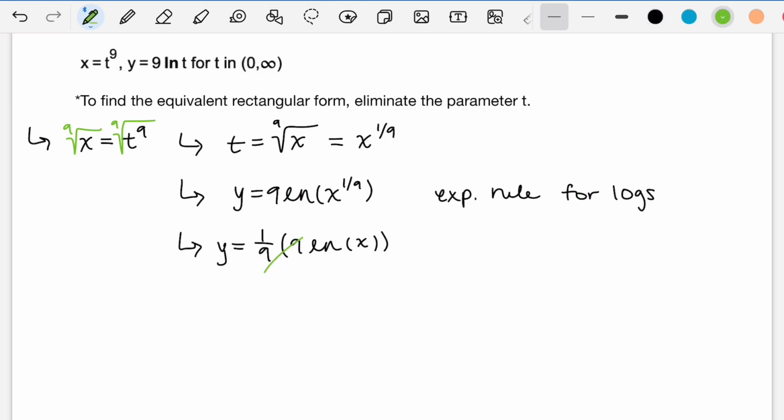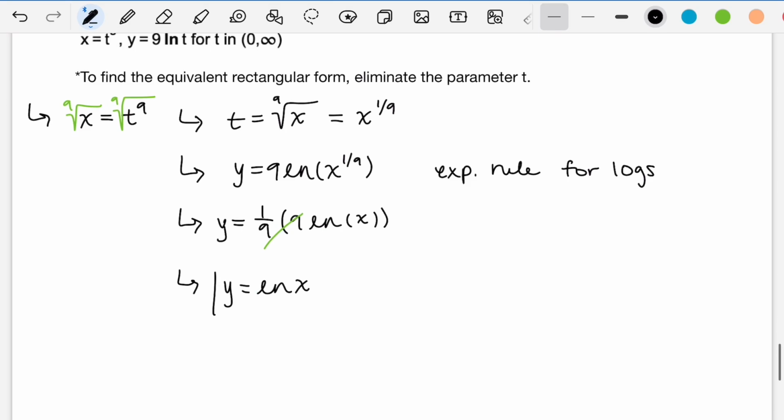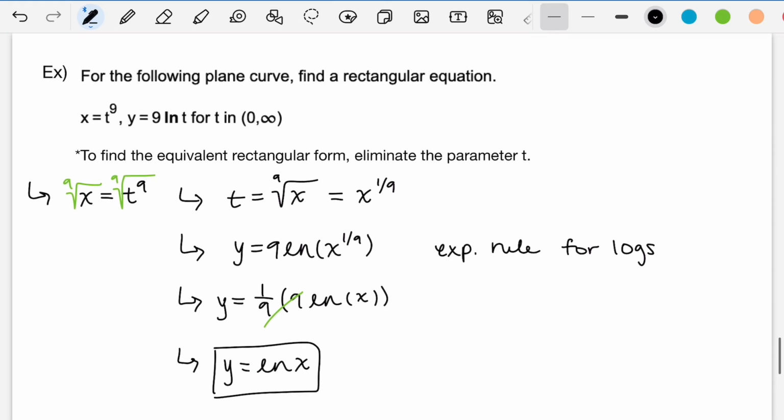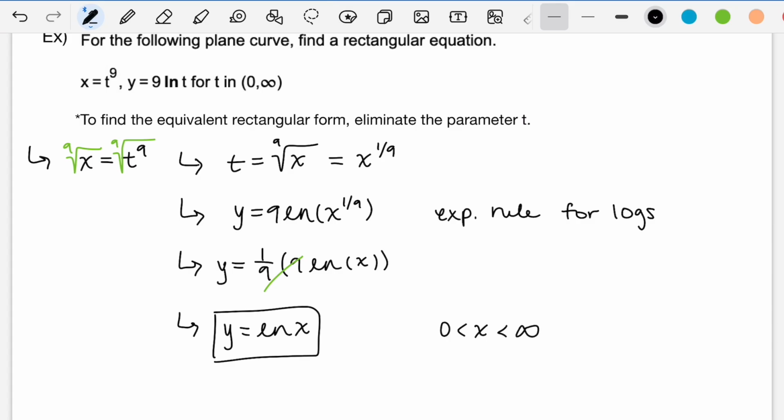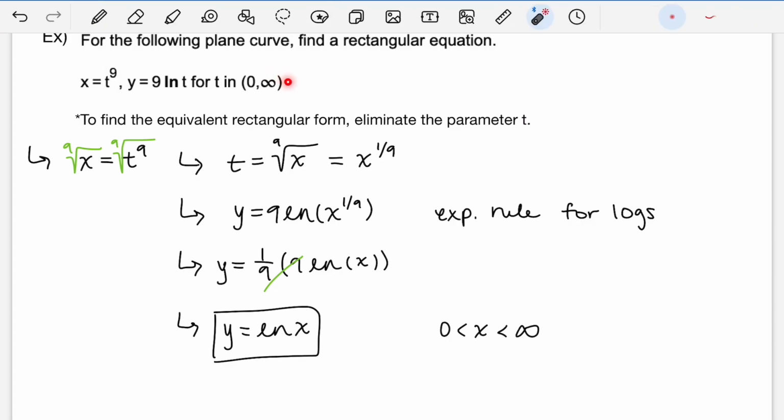Now these are going to cancel here, so what we end up with is y is equal to ln of x. So this would be our rectangular equation, and this would be the case for x being between 0 and infinity. t was between 0 and infinity here, so we'll have the same domain for our x variable. And we can see that that's the case because this is also the domain for our natural log function.